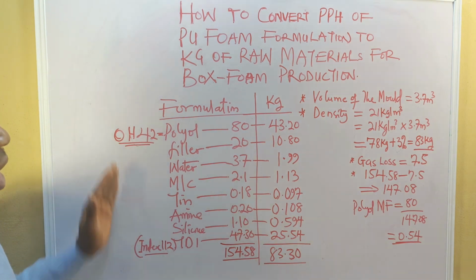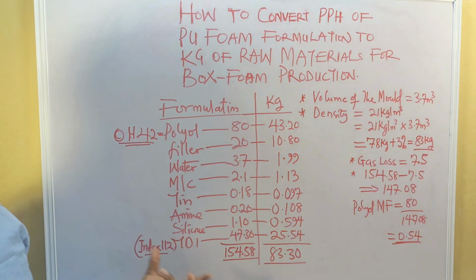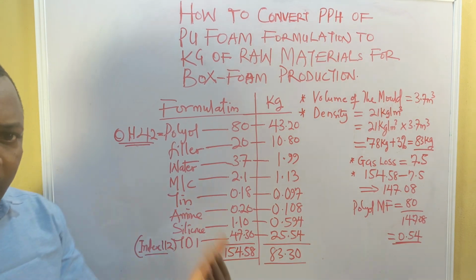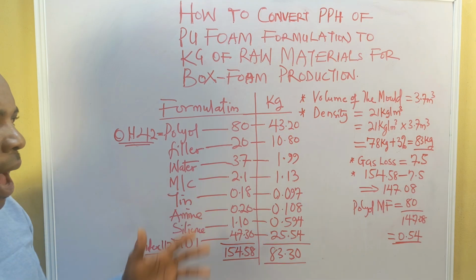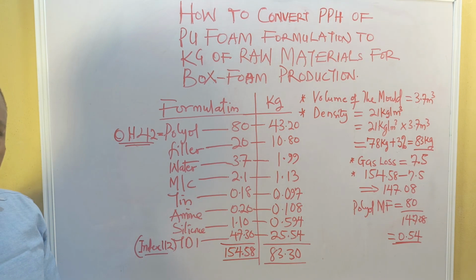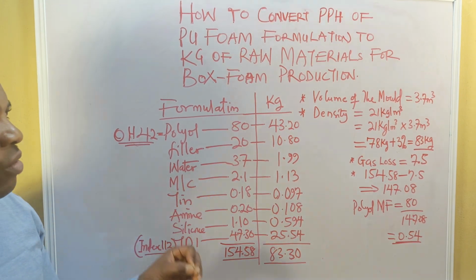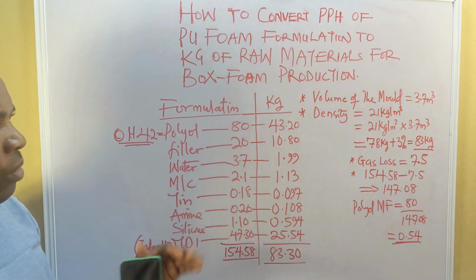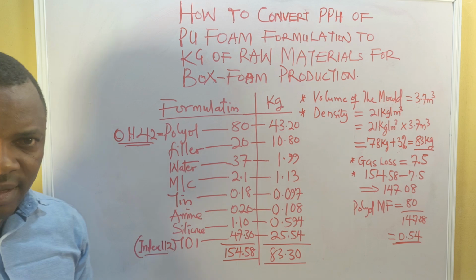Now, looking at the formulation, the technique is the same, but the conversion factor is different, because formulations require all the raw materials to be properly ratioed in respect to the density.